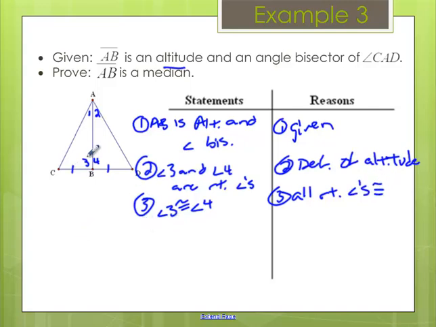And so I've got those congruent. Let's go ahead and mark them. Let me erase these marks because we don't know that yet. I also know, since it's an angle bisector, angle 1 is congruent to angle 2, by definition of angle bisector.